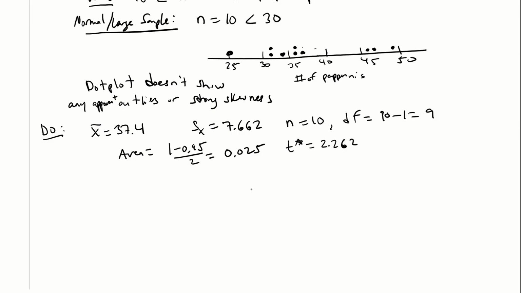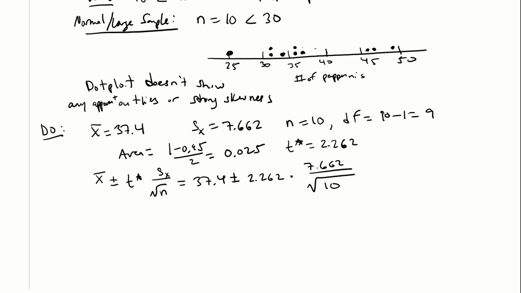All right, so now we can calculate it. We get x bar plus or minus t star times s over square root of n. So we got our x bar 37.4 plus or minus the t star, which is 2.262, times 7.662 divided by square root of 10, and we'll give you approximately what that is.